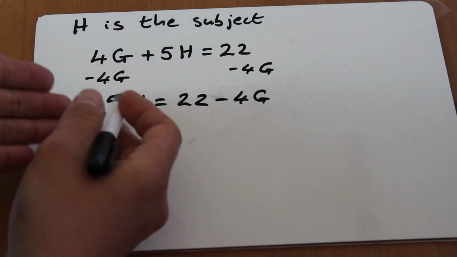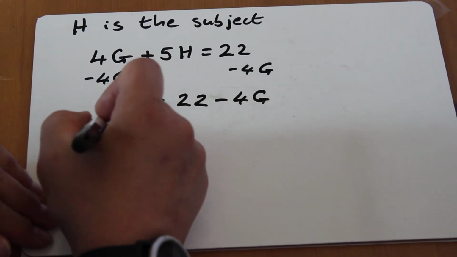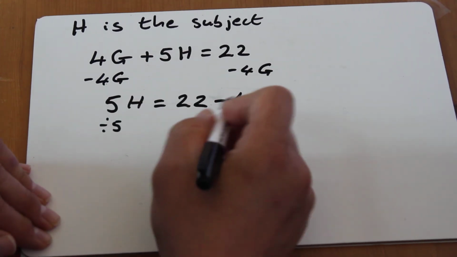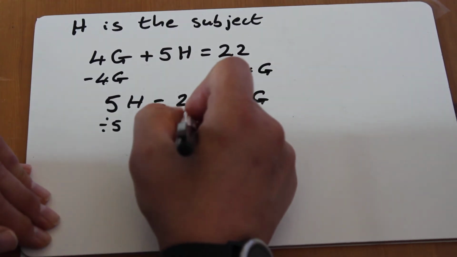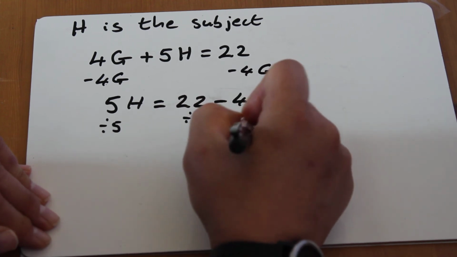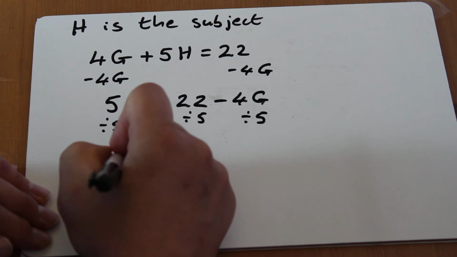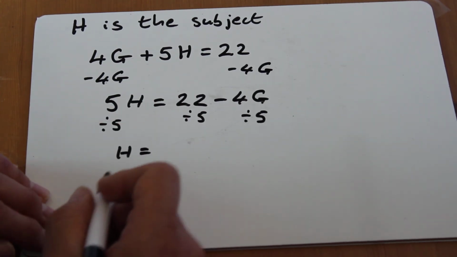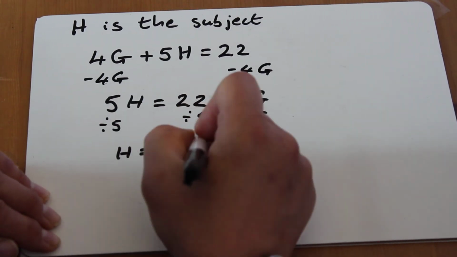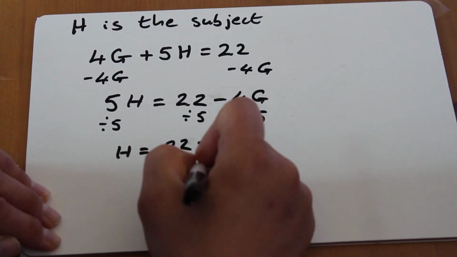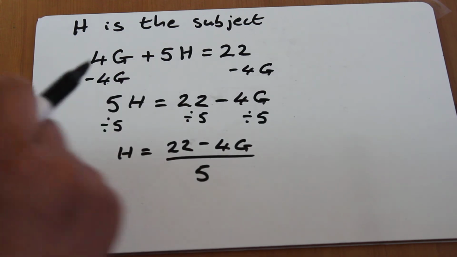Now, I'm just left with 5h here, so that means I need to divide that by 5. And again, take care, I need to divide both of these by 5 as well. Okay, so h is equal to 22 minus 4g all over 5.